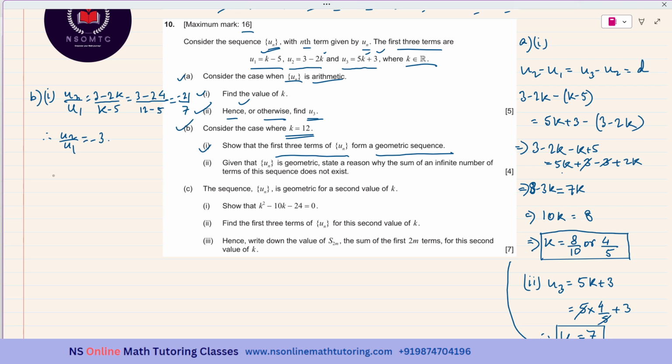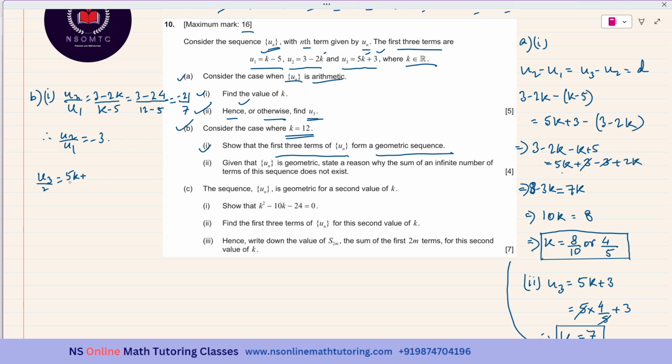Let us find what is the ratio between u3 and u2. So u3 over u2. Don't write u2 over u1 equal to u3 over u2. You do not know whether u2 over u1 is equal to u3 over u2. You have to establish that fact that they are equal.